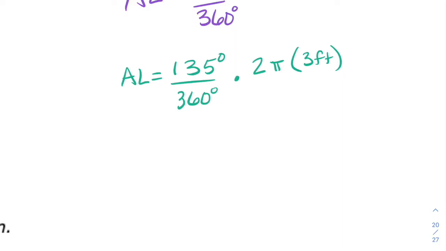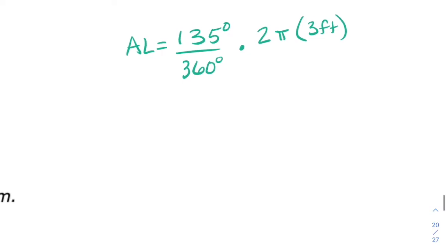I think sometimes before is better. So what is 135 and 360 both divisible by? Well, I think they're both divisible by 15. Let's see, 360 divided by 15 is 24, and 135 divided by 15 is 9. Oh, you know what? I think they're divisible by more, but let's see. Arc length is equal to, looks like, 9 over 24 times 2 pi times 3 feet.